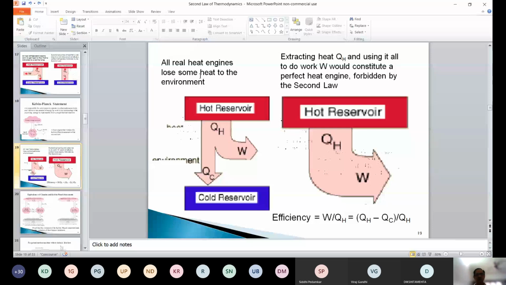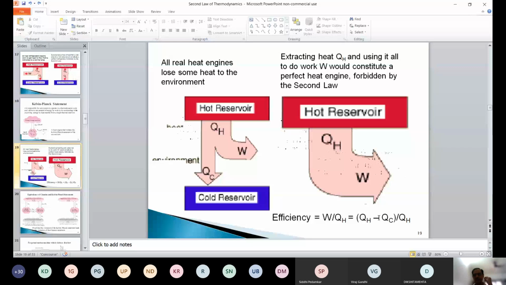There's a hot reservoir, there's a cold reservoir, and some heat is lost to the cold reservoir. Only then can you get some work done. Extracting heat QH and using it all to do work would constitute a perfect heat engine, forbidden by the second law. So you cannot just convert heat directly to work without this cold reservoir.